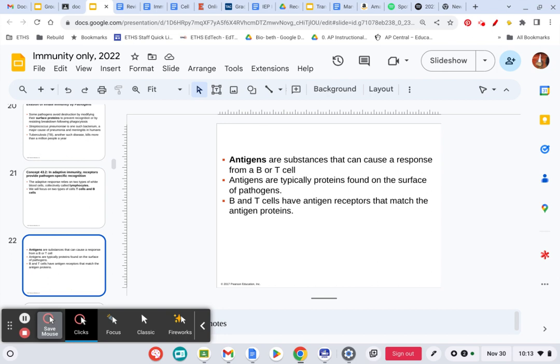So they're on the surface, the cell membrane of the virus or of the bacteria. B cells and T cells have matching or complementary shapes to those antigen receptors that are located on the virus or bacteria.